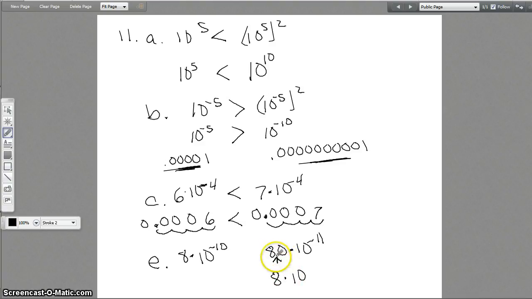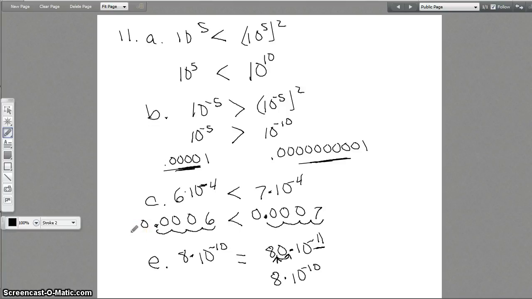Well, to change the 8 back to an 80, we would move our decimal 1 place to the right. That's moving 1 in the plus direction. So what we're going to do is take this negative 11 and add 1 to it. Negative 11 plus 1 is negative 10. Okay, so 80 times 10 to the minus 11 is the same as 8 times 10 to the minus 10. That means that we need an equal sign. So again, number 11 is just like number 22.